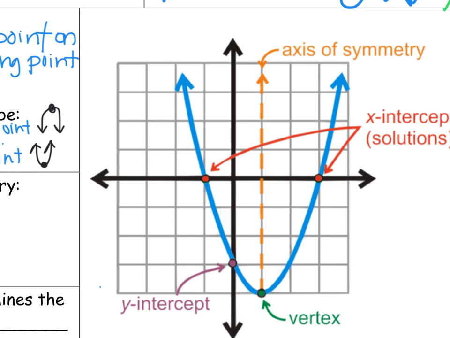The other thing we're going to take a look at is called the axis of symmetry. This is the axis of symmetry right here. If you remember symmetry from 5th and 6th grade, it cuts the parabola into two equal halves. So this parabola is cut right down the middle. It always goes through the vertex. If we were to fold this over on that dotted line, we would get two matching halves of the parabola.